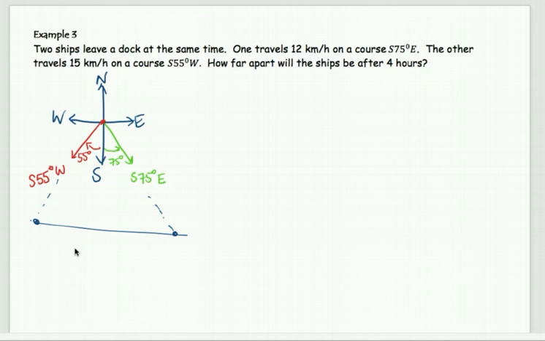I guess this one's traveling a little faster, so it's going to get further out. So there we go. So something like that. And this one's got a bigger angle to go out too. So anyway, in the end, at 4 hours, we're going to stop and check and go, oh, okay, how far apart are they now? Okay, so let's just draw this separately here.